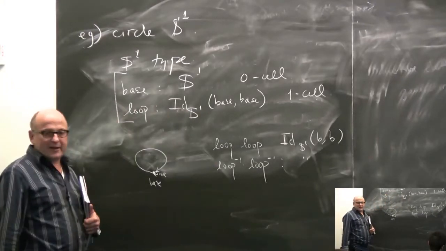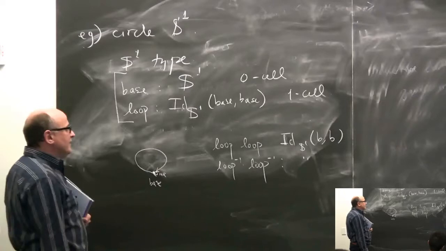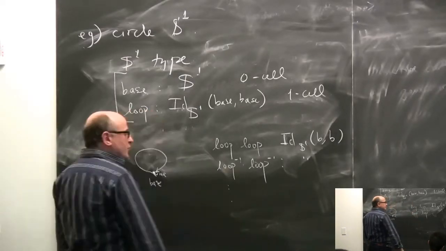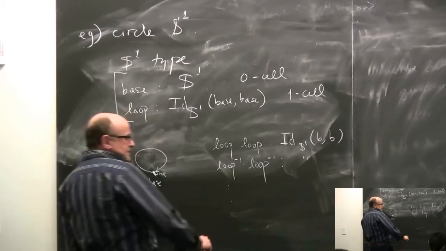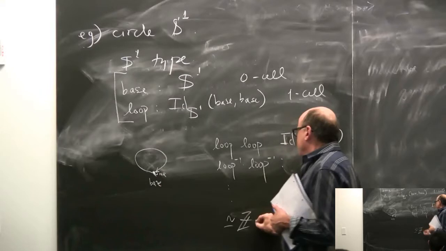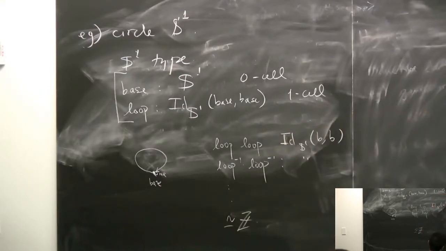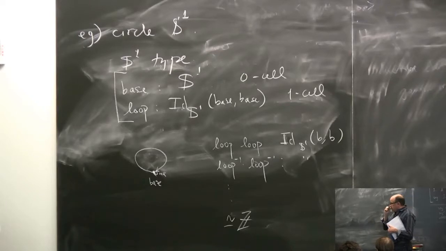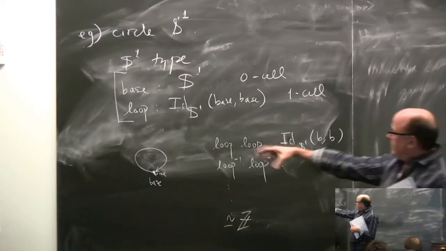And you can get a feeling immediately of what's going on here. If you look at all of these things that you could write down, in a sense, to be made precise, those will turn out to be the same as the integers, which is called the winding number. So the idea is that these can be calculated out.